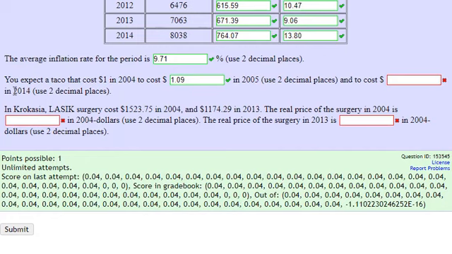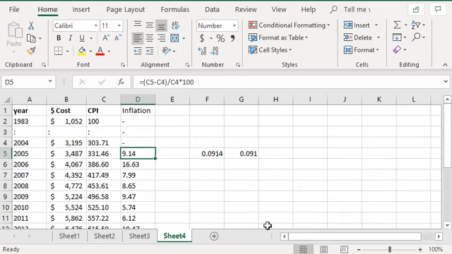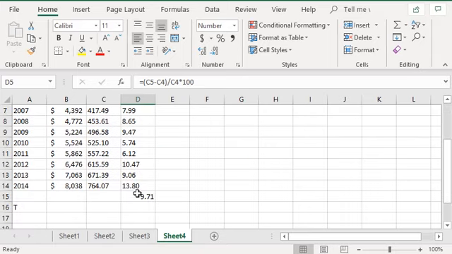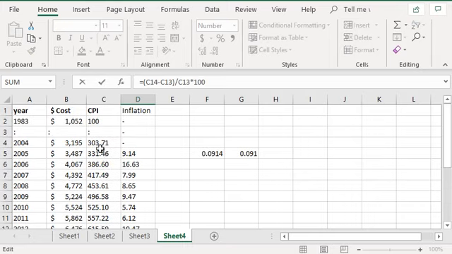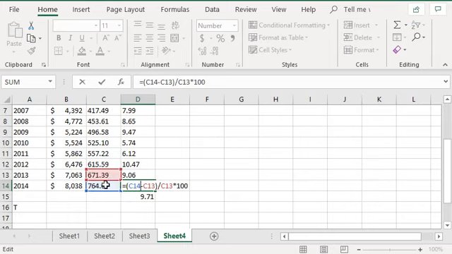What about in 2014? This one's a little trickier. Because we have the percent change from 2013 to 2014. We don't have the percent change from 2004 to 2014.